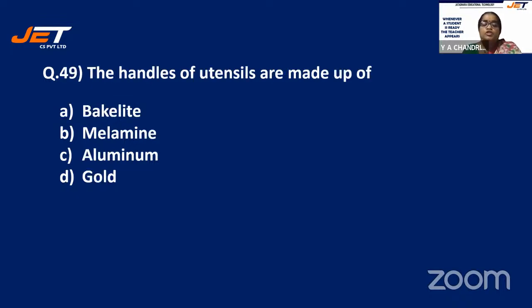Next question. The handles of utensils are made up of. We have seen the picture: a telephone, a switchboard, and a cooker, rice cooker or pressure cooker. It is option A, that is bakelite.